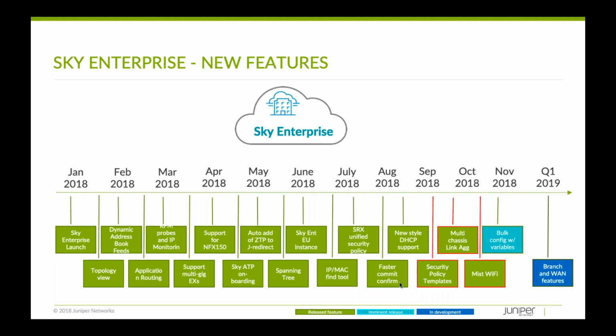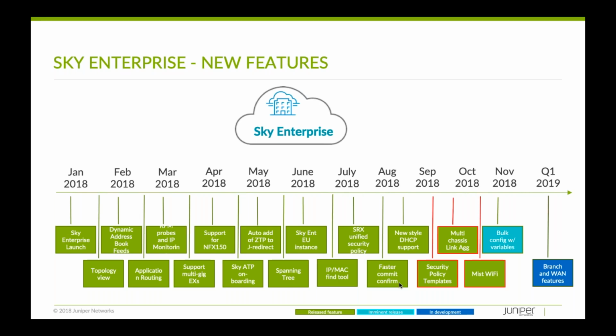Security policy templates, as I mentioned, is a new feature that we've just released, and Mist Wi-Fi as well. This month we're currently working on adding to the bulk update feature by including the ability to use variables. So you can do config changes across a group of devices, but have variables to make it slightly different.